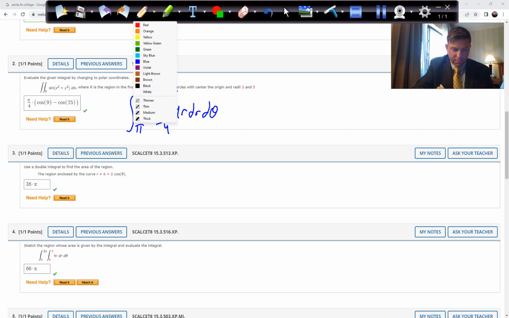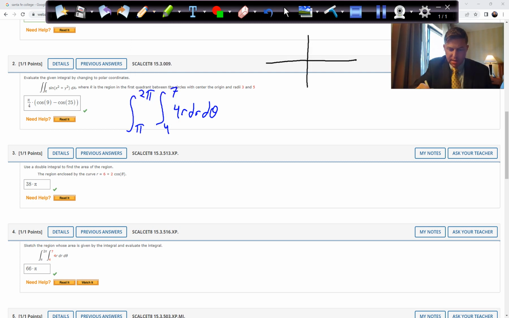Just based on the r limits, these are circles. So if r is 4, it's a circle of 4. If r is 7, it's a circle of 7. So I've got to put a 4 here, and a 7, these are negatives, and then minus 4, minus 7.